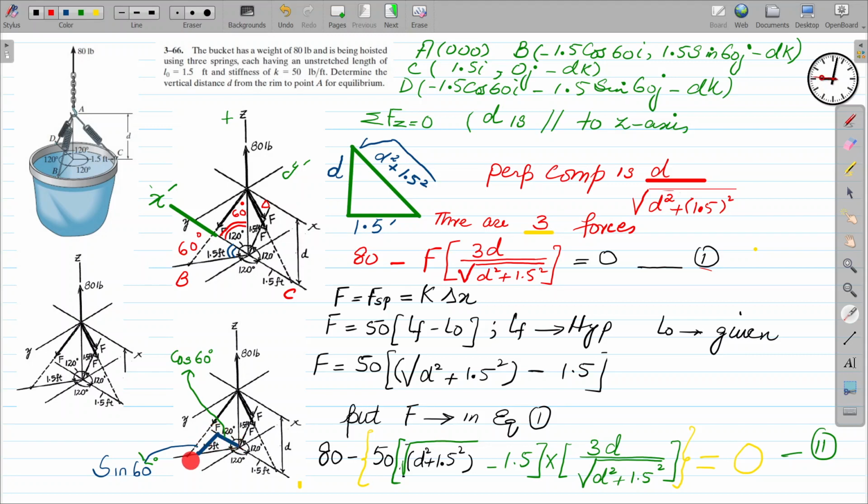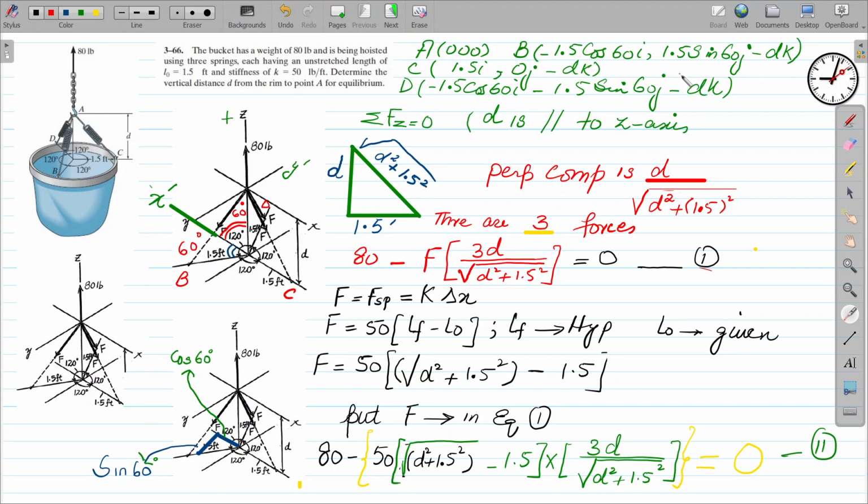So they have all been shown. That is why when we talk about B, the i component will be 1.5 cos 60 i. If we move along this direction, which is along the negative x-axis, the radius is 1.5 cos 60 i. Since it is on the negative x-axis, we will take minus 1.5 cos 60 i.